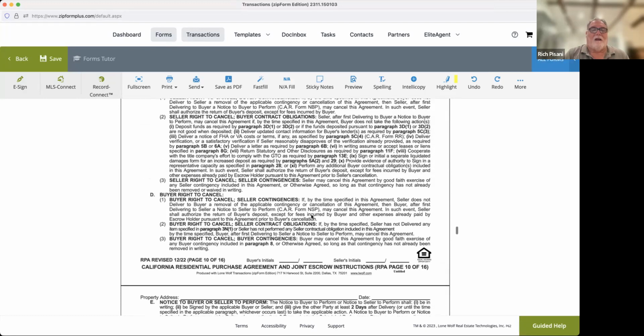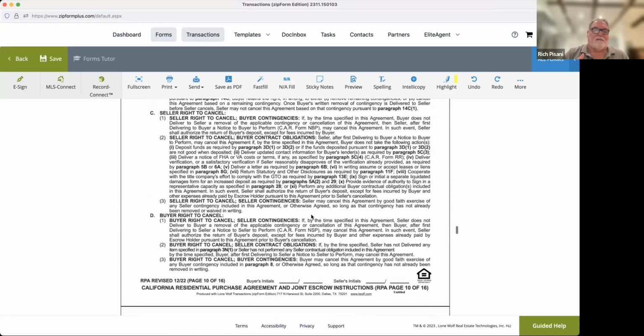And before I move on to the notice to perform, any questions on this page? Question, Rich. Sure. So you said that the only time that the seller can cancel is when the buyer doesn't perform. Correct. That's just after delivering a performance warning, correct?